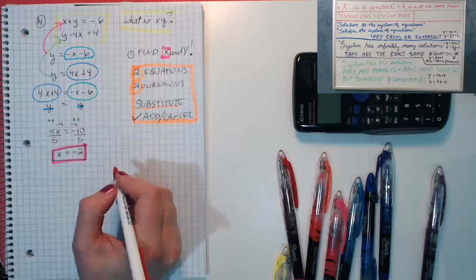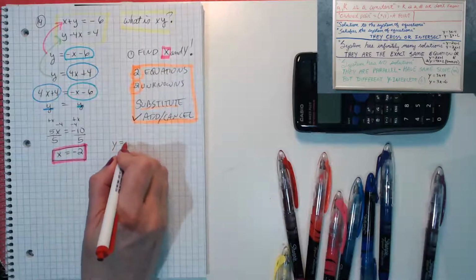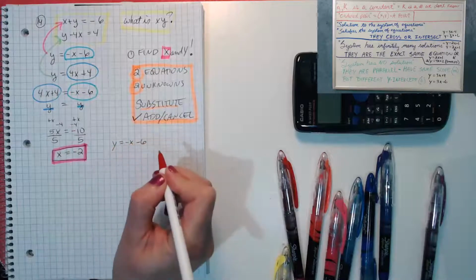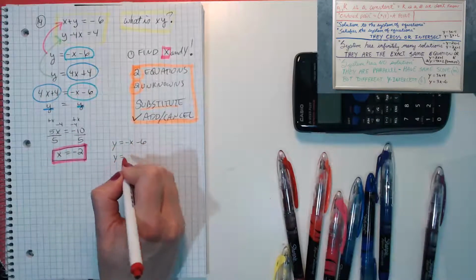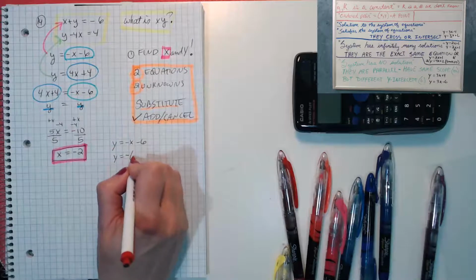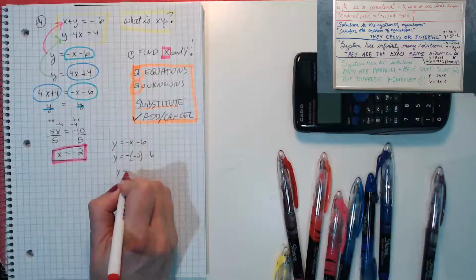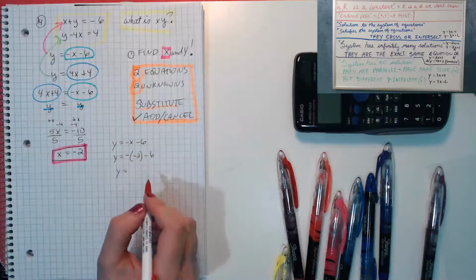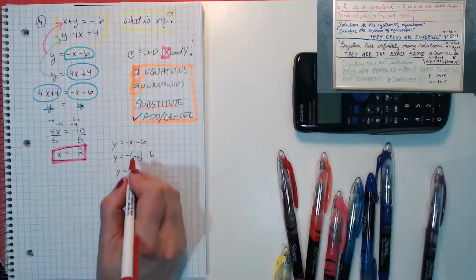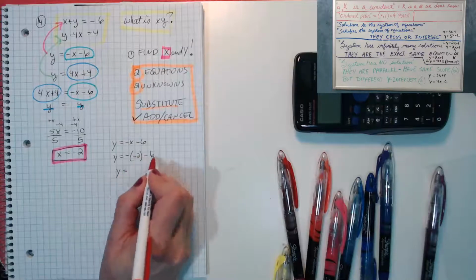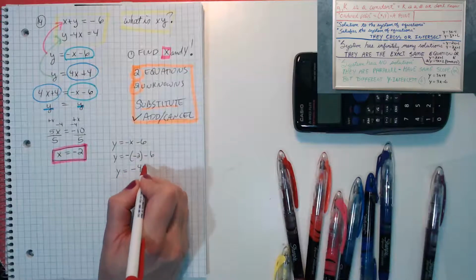Doesn't matter which one you pick. I'm going to take y equals negative x minus 6, and in the place of x, I'm going to put negative 2. Y equals, that becomes positive, so we're left with negative 4.